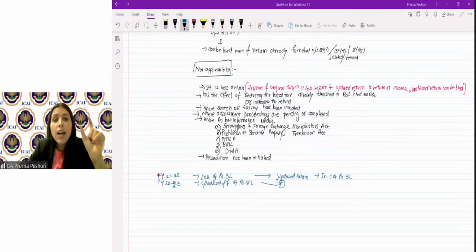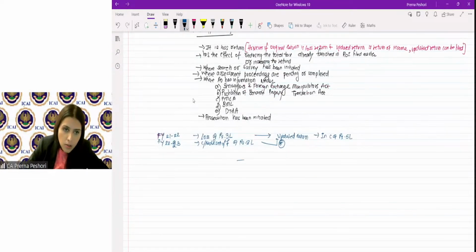Now, when you are filing the updated return, you need to pay the tax, interest, and the late filing fee. So, tax on updated return, section 140B.